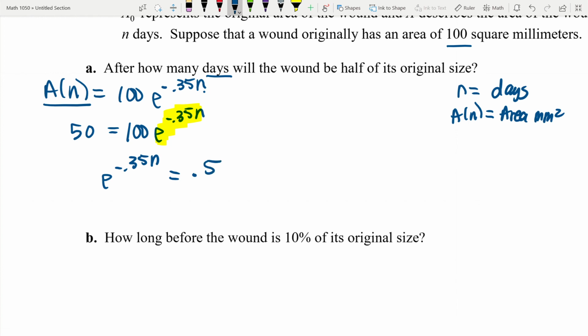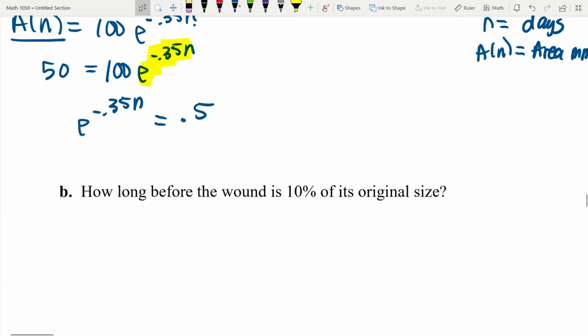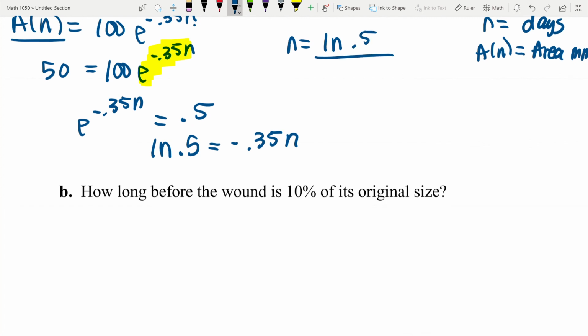Now I'm stuck. Now I convert. So this is log base e, that's ln, 0.5 equals negative 0.35n. All I did is convert it. Now I have to solve it for n by dividing. So now I have n equals ln 0.5 divided by negative 0.35.